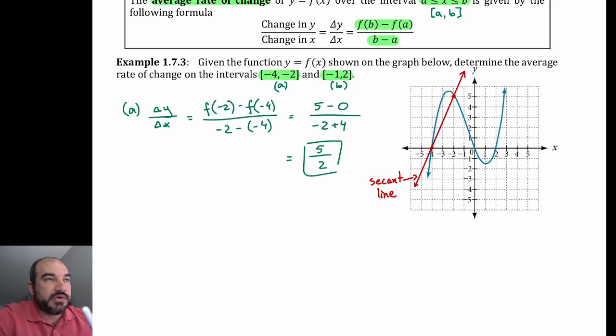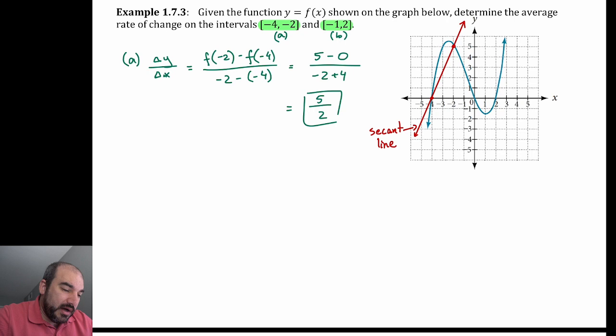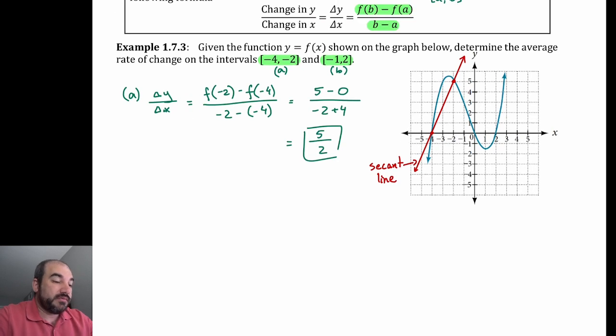All of those individual slopes added together and then divided and averaged is giving us the slope of this secant line, right? So it's an average slope over that interval. All right. Any questions so far?